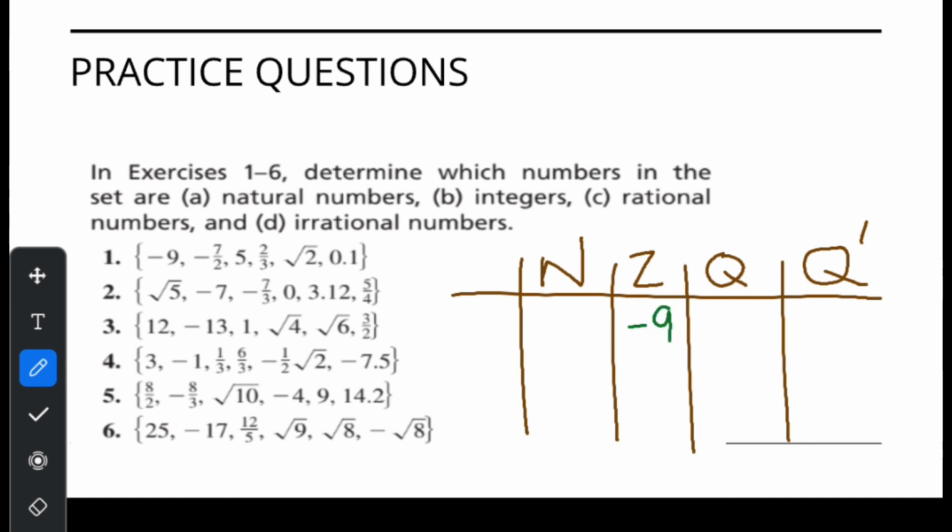Moving to the next number, this is negative 7 over 2. Again this number has a negative sign, so students may make a mistake here. They see the sign and wrongly put this number into the category of integers. The point of focus is that integers are whole numbers, they have 0 after the decimal point. So for negative 7 upon 2, don't just see the sign, see the number also.